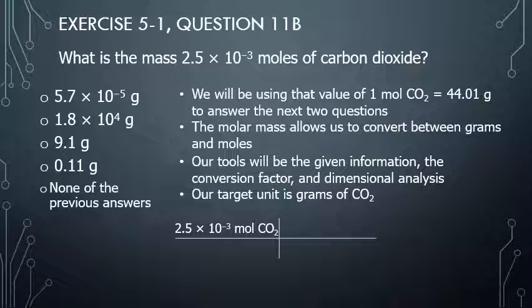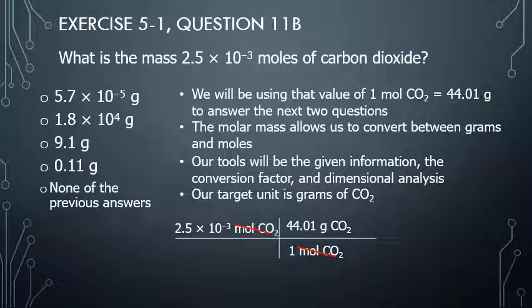So we're given 2.5 times 10 to the minus 3 moles. Grams is our target unit, so we'll put the 44.01 grams on the top, which tells us to put moles on the bottom. And that's exactly what we want because we want moles to cancel. Moles cancel, we're left with our target unit, grams of carbon dioxide. We won't apply any more conversions because we are at our target.